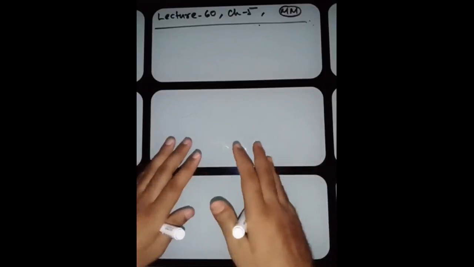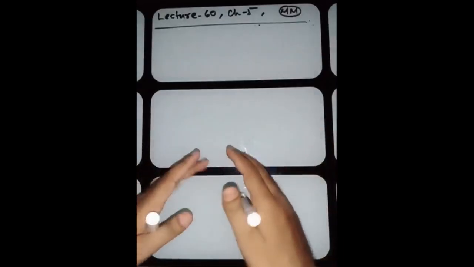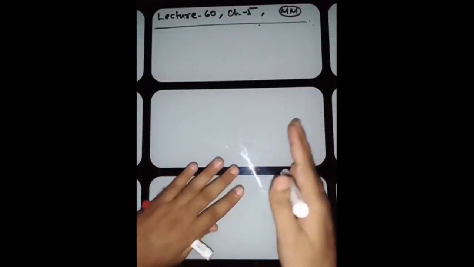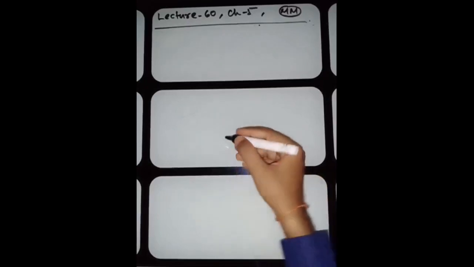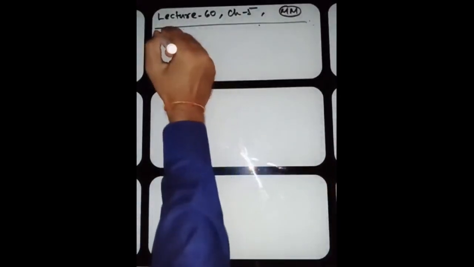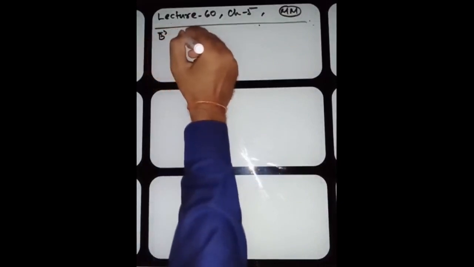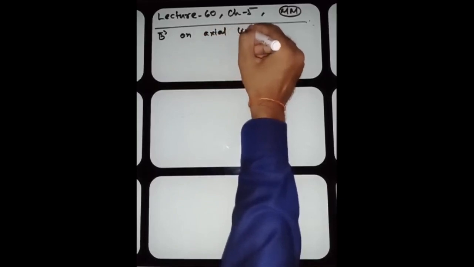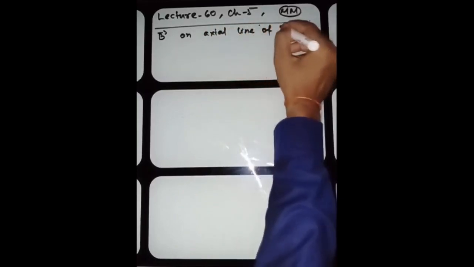In the same way, we are going to derive an equation for the magnetic field on the axial line of a bar magnet. So you can give the heading: magnetic field on axial line, B on axial line of bar magnet.